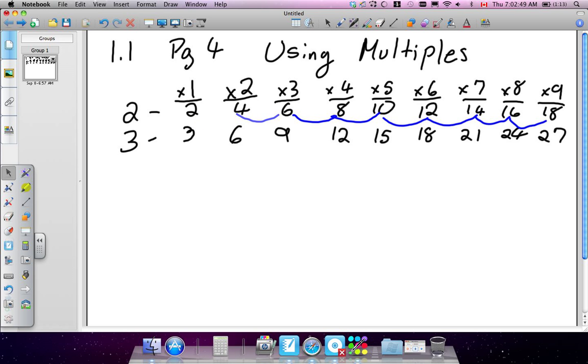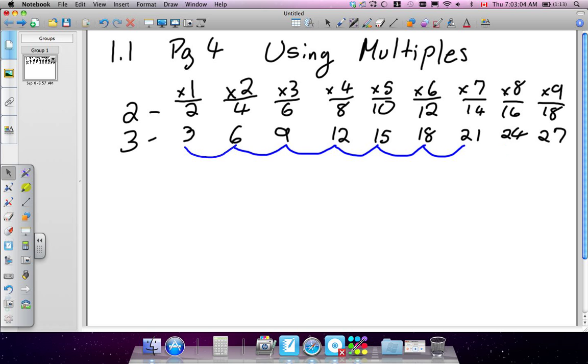So all these multiples are like skip counting by 2. Same idea with 3. We skip count by 3: 3, 6, 9, 12, 15, 18, 21, 24, 27. So those are all the multiples of those numbers.